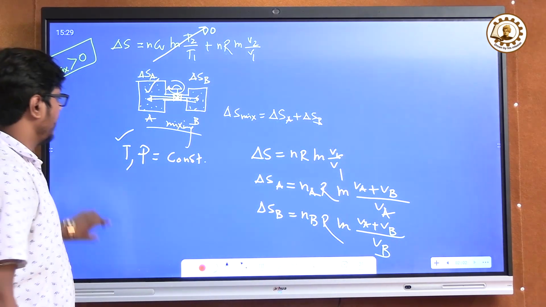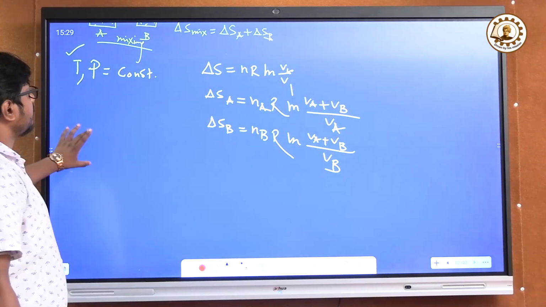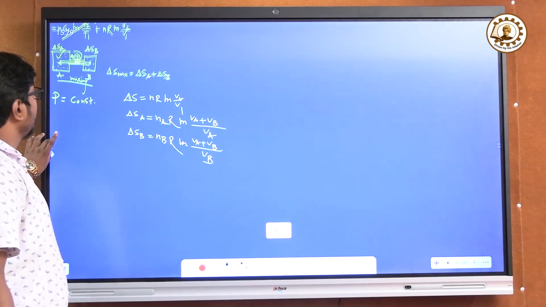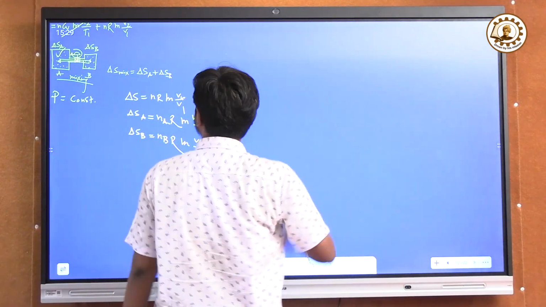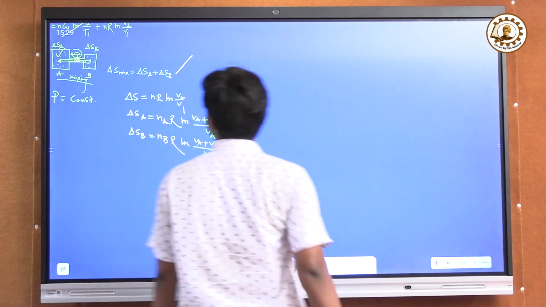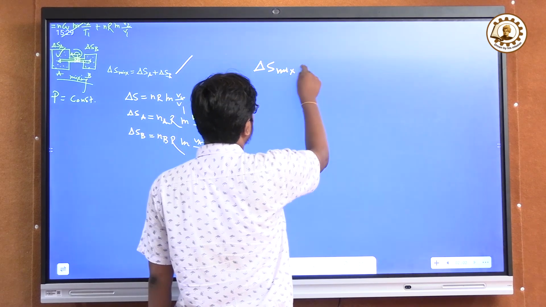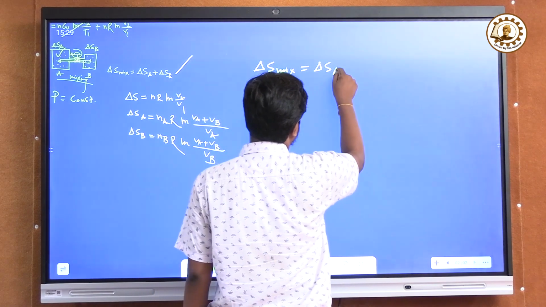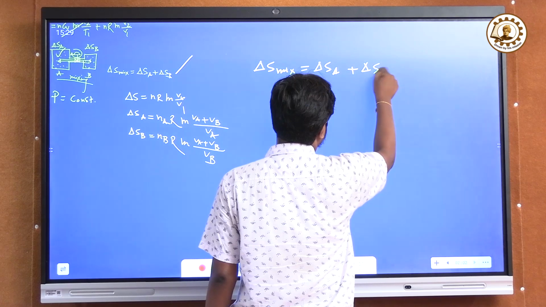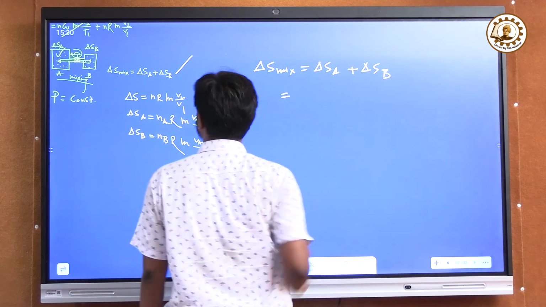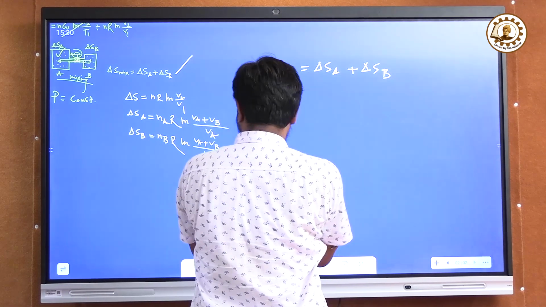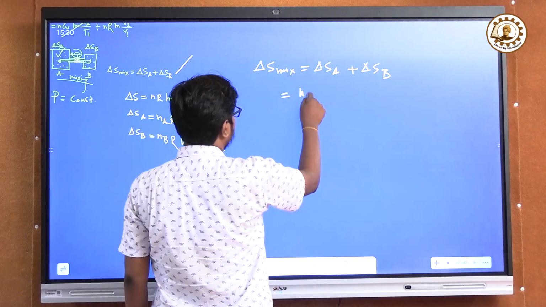Now use this in the equation. So delta S mixing equals delta SA plus delta SB. Put these values in here.